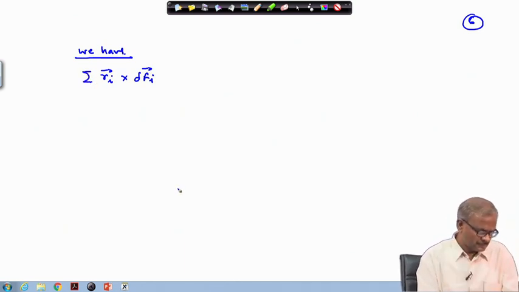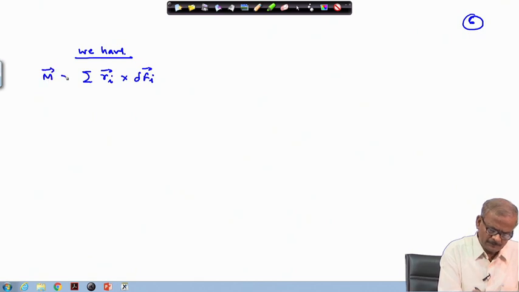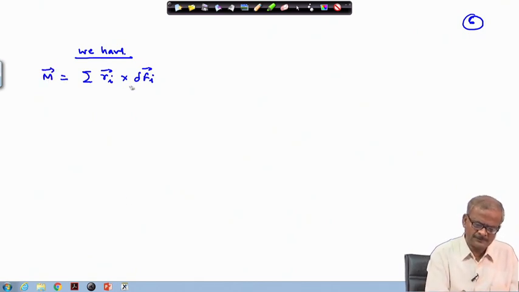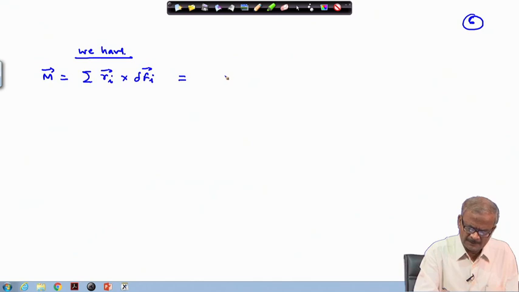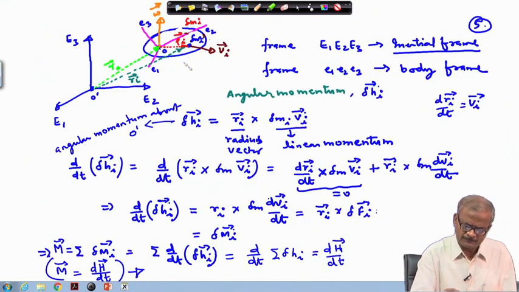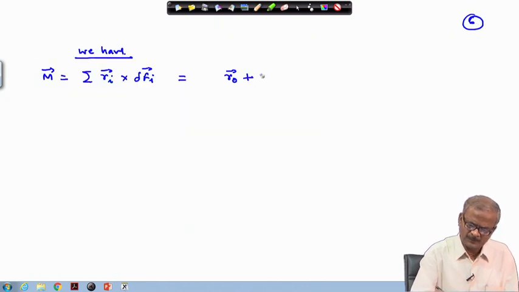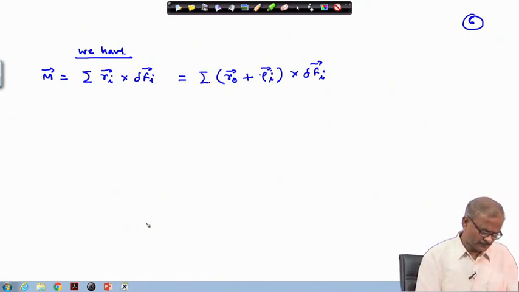So, this is the M that we have written. Finally, we have it in this format, and this can be written as r o, which is the radius vector of this point, plus rho i. So, r i is the summation of this vector and this vector, the green and the red one: r o plus rho i, plus delta f i.